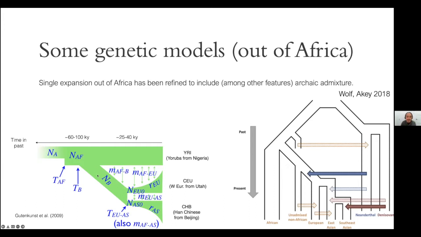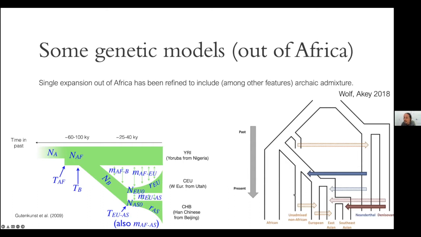Okay, so that's one kind of model that's still very, very simple. Over time, people have added pipes to these models, making them more involved and more complicated. One relevant model here, shown on the right, is a generalization of this model. We still have a single population in Africa, but now we have a lot of complications about what's happening outside of Africa.